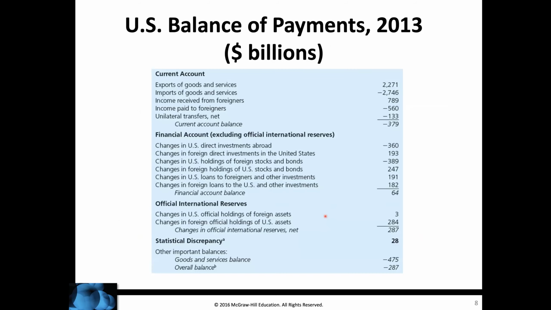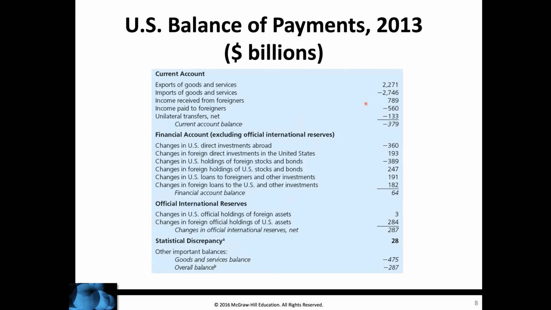So here is a look at the US balance of payments for 2013. This is in billions of dollars. You can see we start here with our current account. Then we have our financial account. This is excluding official international reserves, because down here we have our official reserves and then our statistical discrepancy.